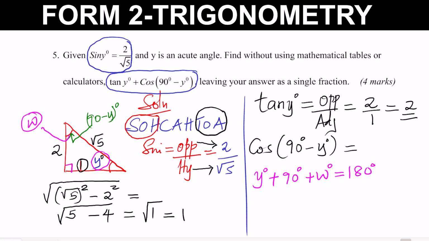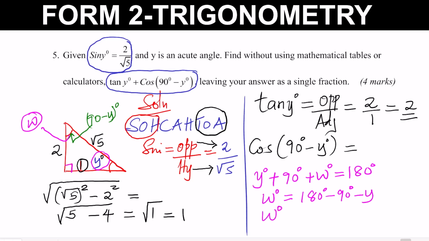I want to show you how we got this angle as 90 subtract y. You want to get W, make W the subject. So take y and 90 degrees to the other side. On the right hand side you have 180. Bring 90 to the right hand side to be negative 90 degrees, then bring y degrees to be negative y. You're simply subtracting y and 90 from both sides.